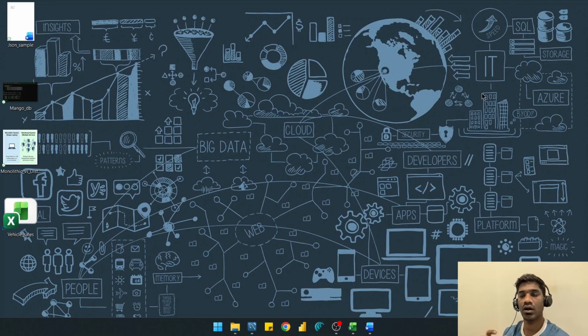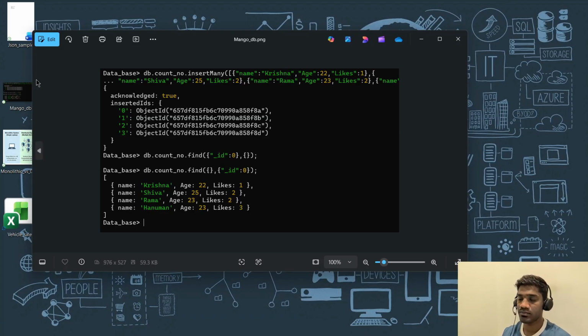It can't handle such unstructured and semi-structured data. So we move to NoSQL databases. For example, we have MongoDB, where how you handle the data is almost the same, but what kind of data you are handling is different.